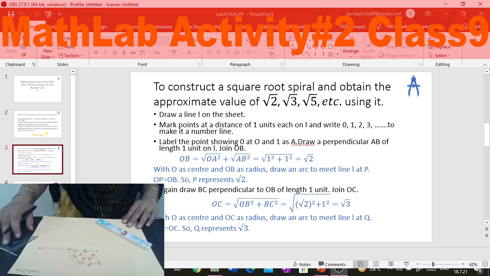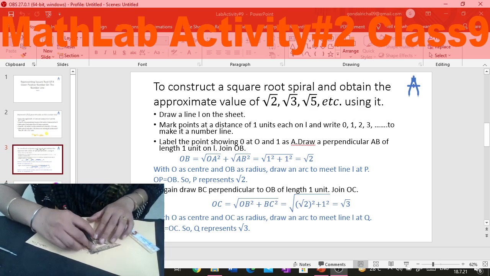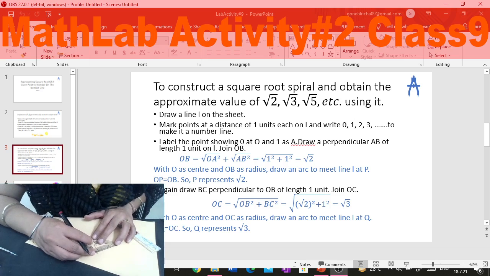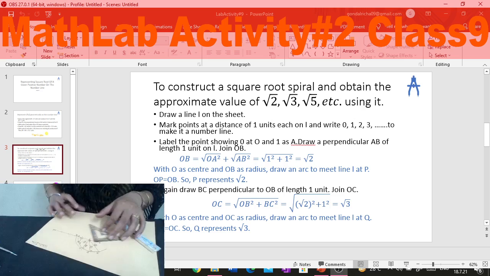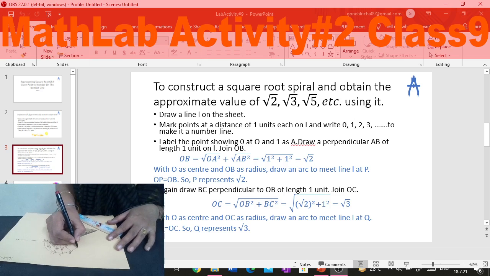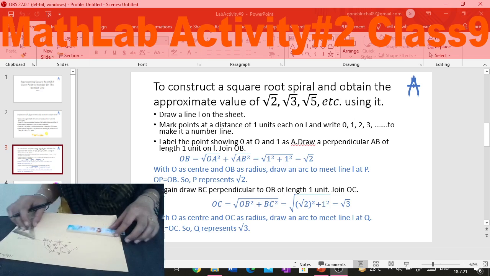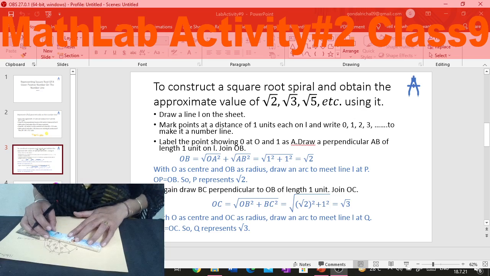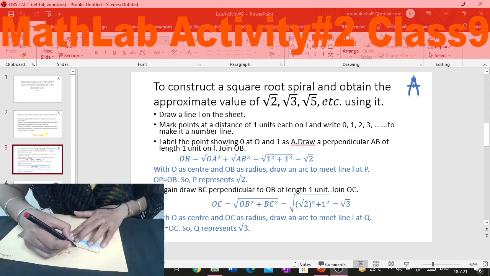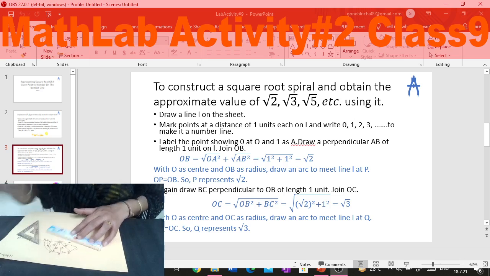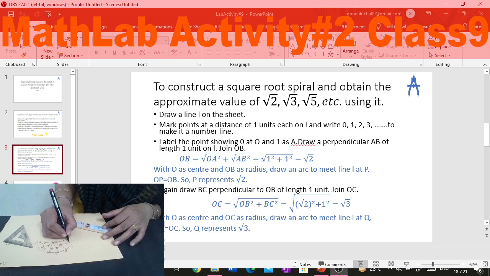Okay. Now again we are going to draw a perpendicular of 1 unit at point E. This perpendicular is EF. Now we are going to join OF to get the value of root 6. So the length of OF will be root 6.